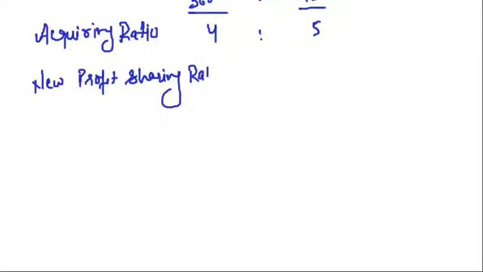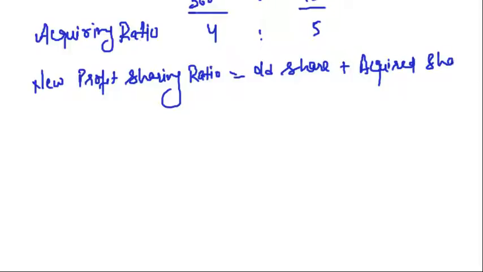How do we calculate the new profit sharing ratio? We say the old share plus the acquired share. For A and C, what is their existing share? Let's see.